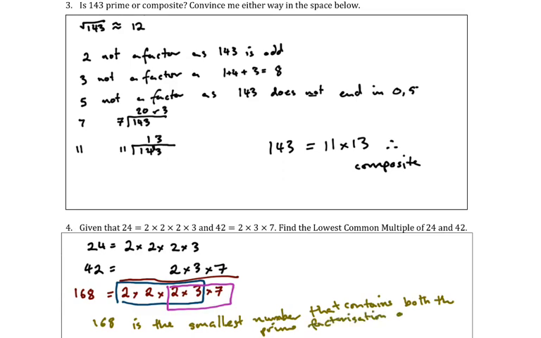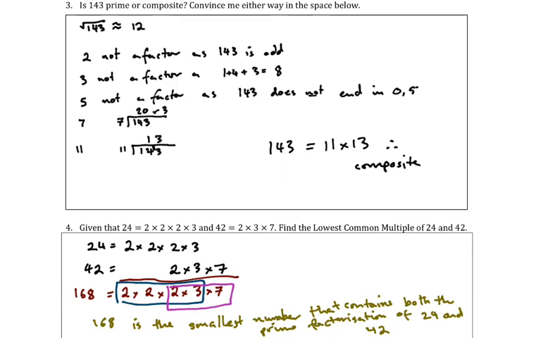You cannot find a smaller one. You can find larger numbers that contain 24 and 42, but you cannot find a smaller number. You cannot find a smaller number than 168, which contains 2, 2, 2, 3, and 7.